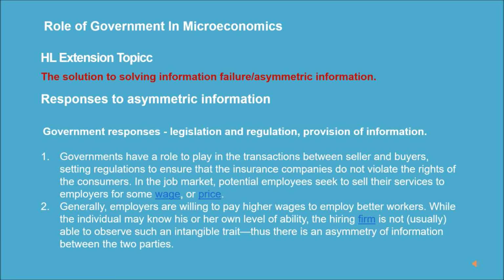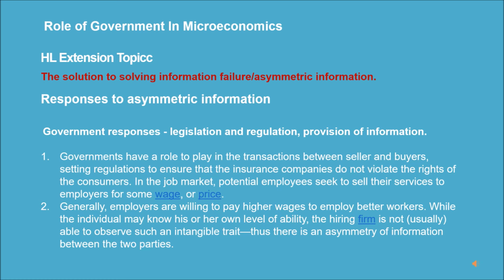Government responses, legislation and regulation, provision of information. 1. Governments have a role to play in the transactions between sellers and buyers, setting regulations to ensure that the insurance companies do not violate the rights of the consumers. In the job market, potential employees seek to sell their services to employers for some wage or price. 2.